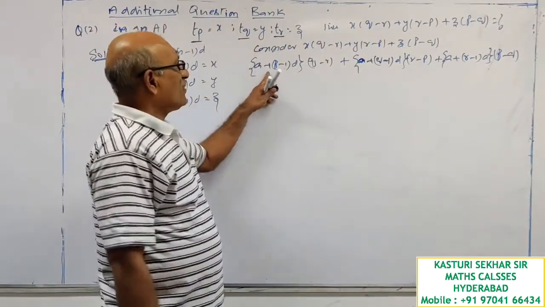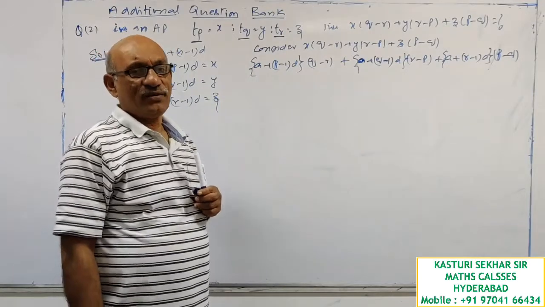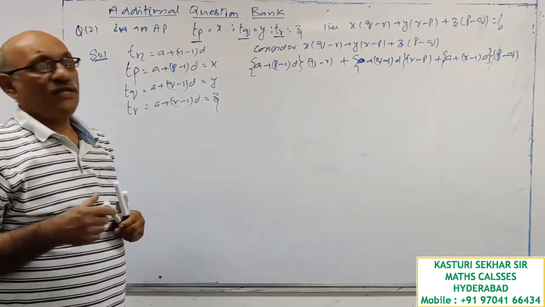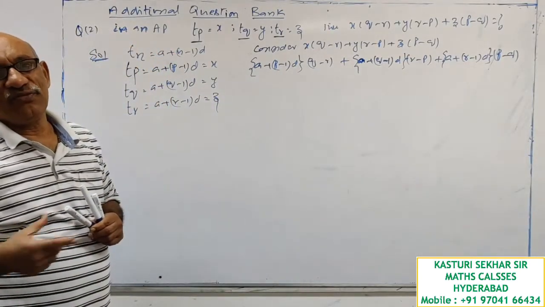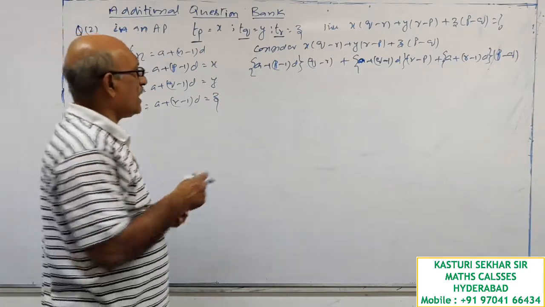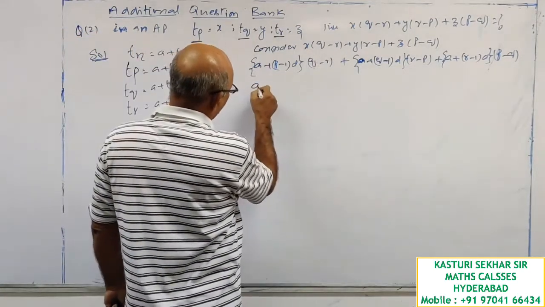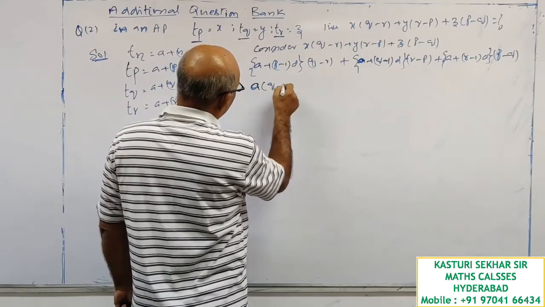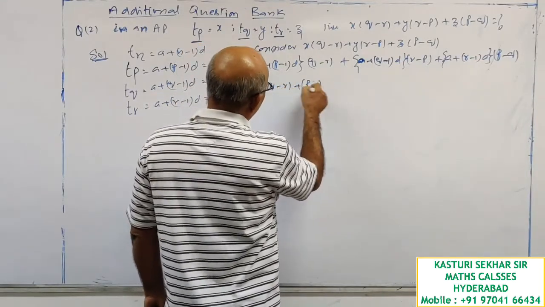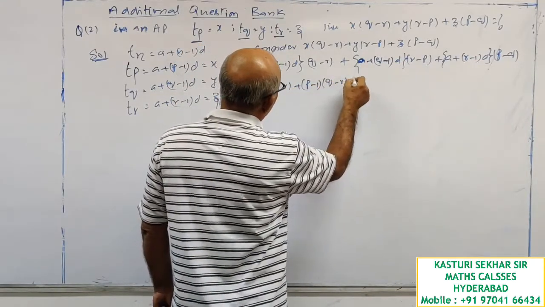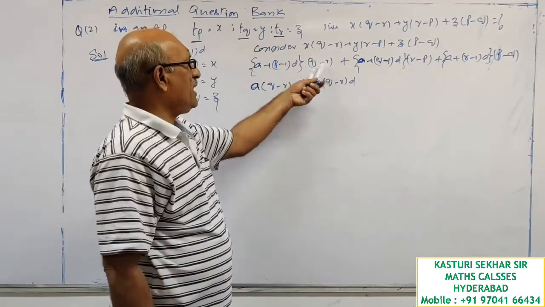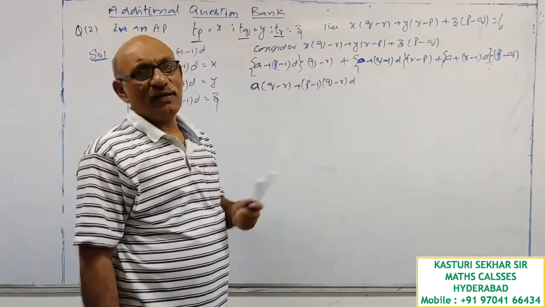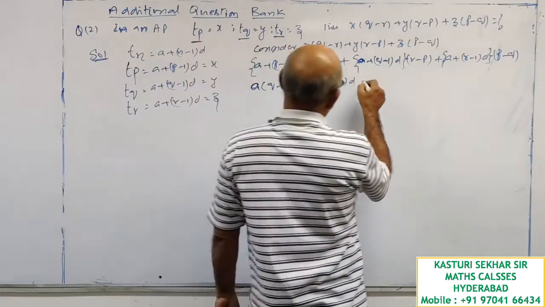Now there is a plus sign between the terms inside the brackets. So open the brackets. A into (Q minus R) plus (P minus 1) into (Q minus R) into D. Each and every term inside the brackets is multiplied.